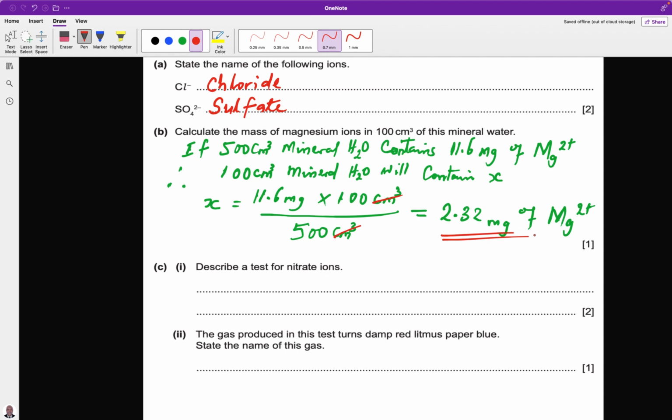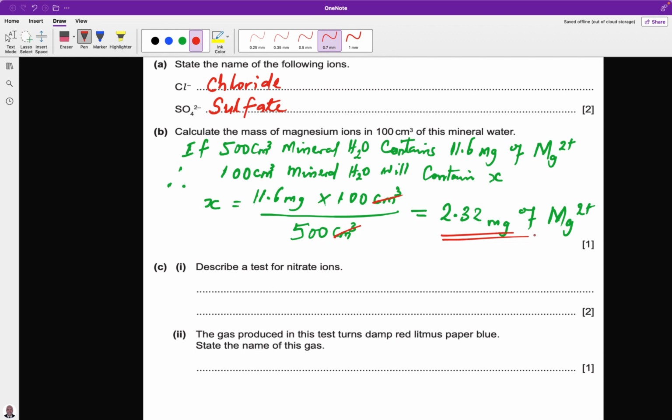So the test for nitrate will be: add aqueous sodium hydroxide followed by aluminum, usually aluminum foil. Now you heat it gently or warm it gently. There's usually an evolution of a gas, and that gas, if tested with a litmus paper, will turn damp red litmus paper blue. So that is the test for nitrate.